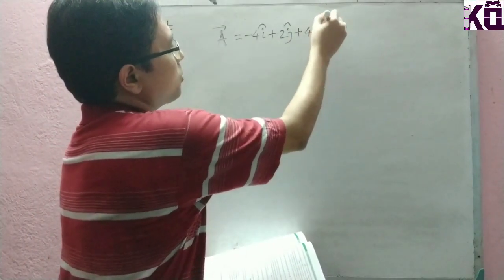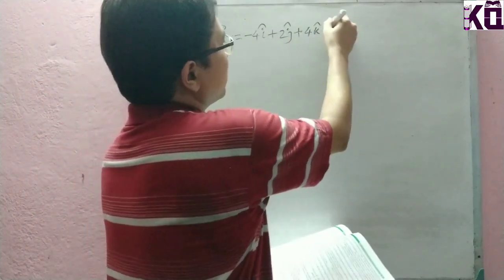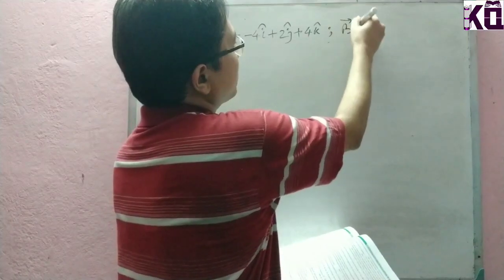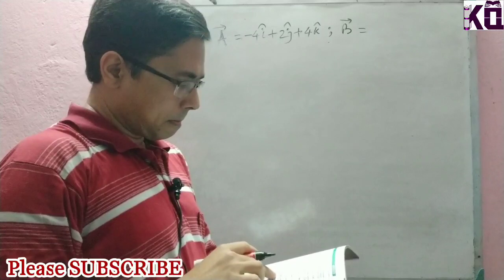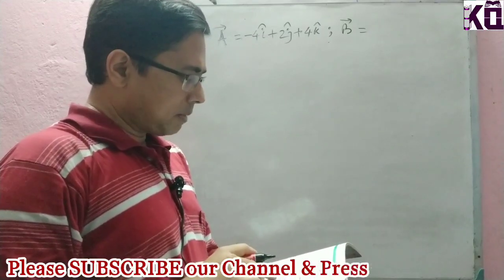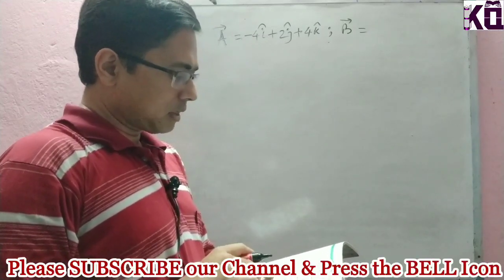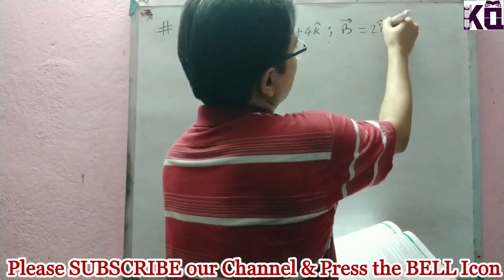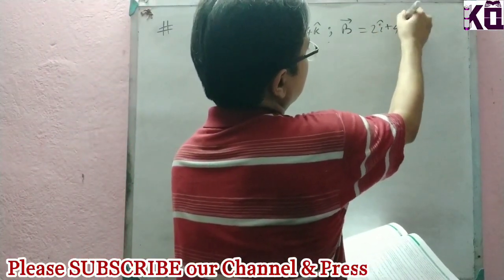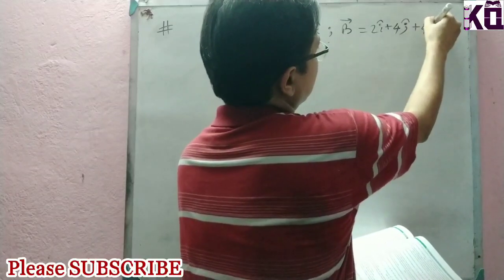First, this one is the A, then there is the B vector, say, which is given as 2i plus 4j plus 4k.